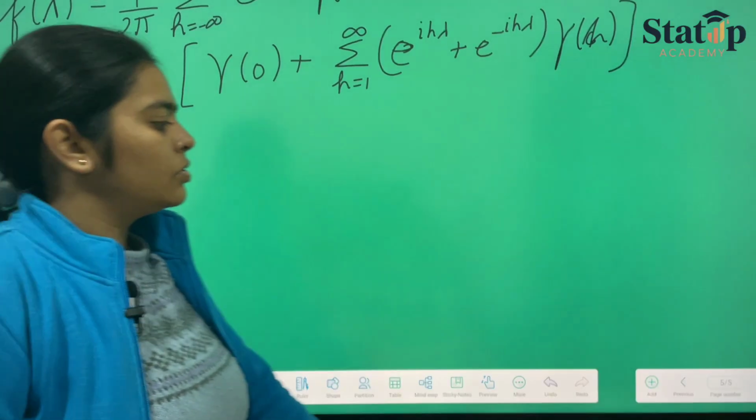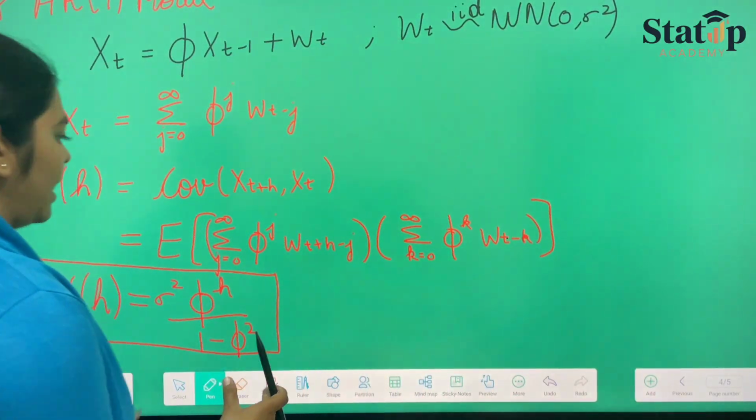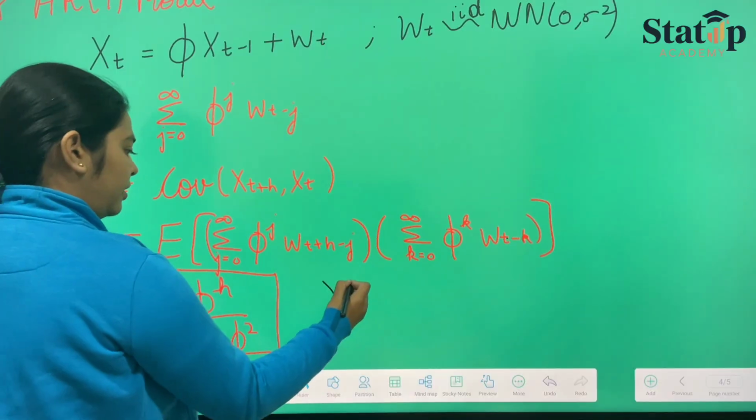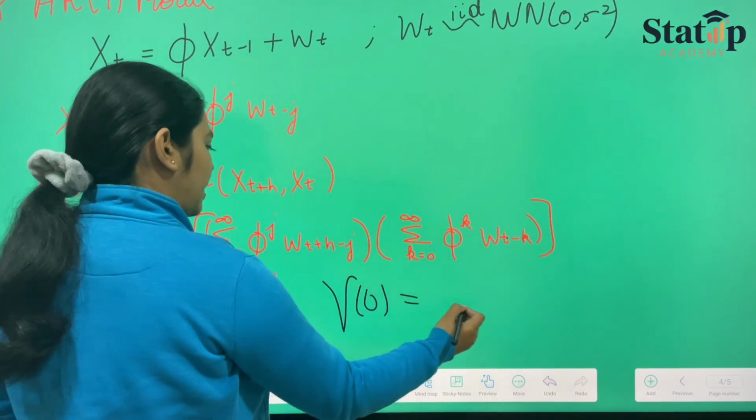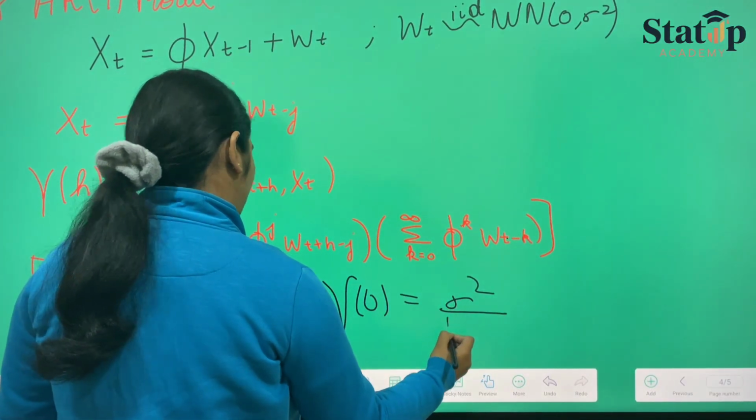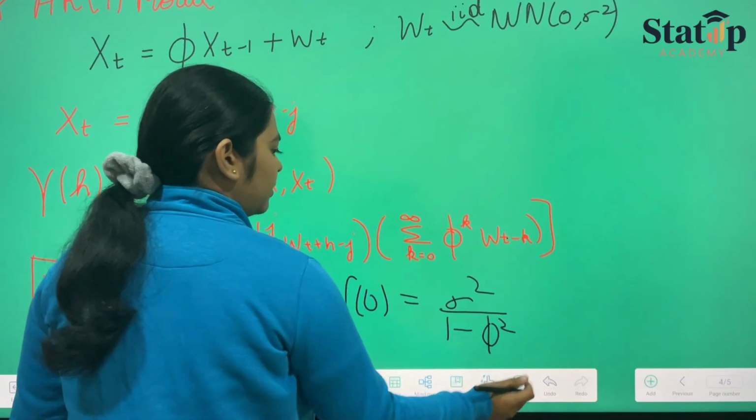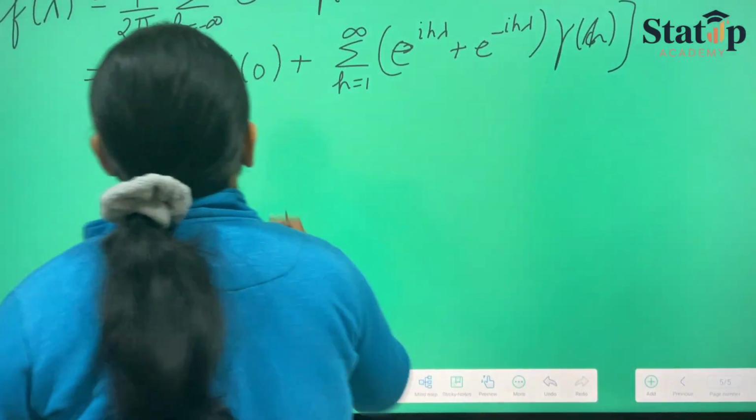Now keeping the values of gamma naught and gamma h, if we take the value of gamma naught here, we will get sigma square upon 1 minus phi square. Then we can put the value directly here.